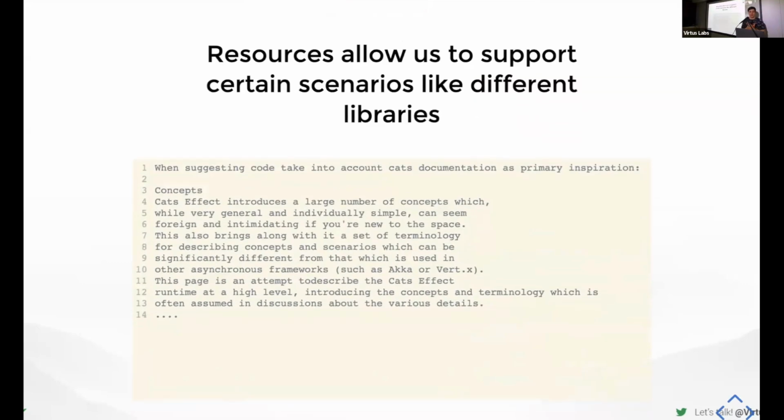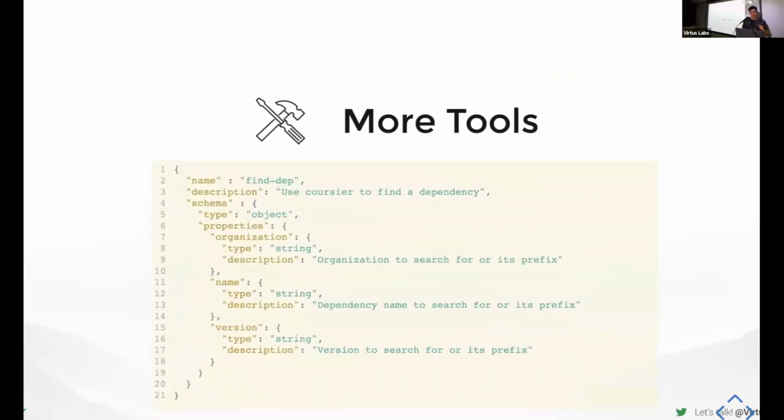We could also have some resources, where we detect what kind of library you're using, and then query a specific library's documentation and get that in some context, one file that the MCP server can query. That might be useful.